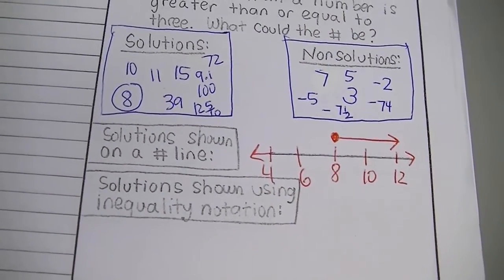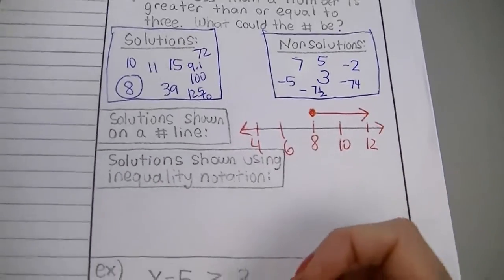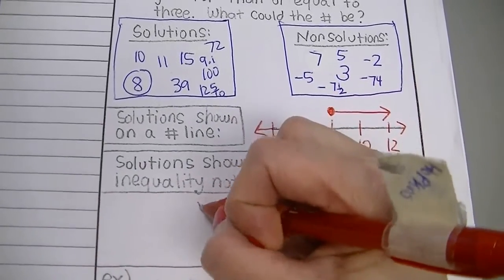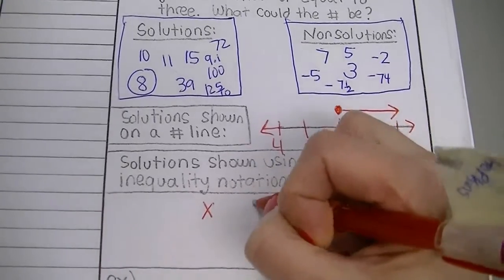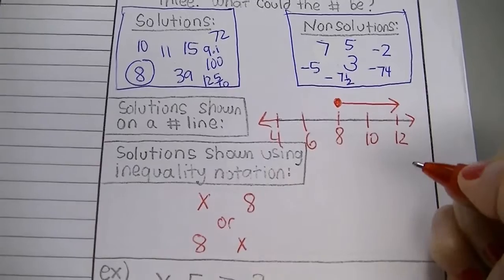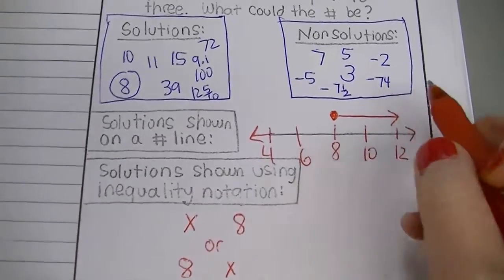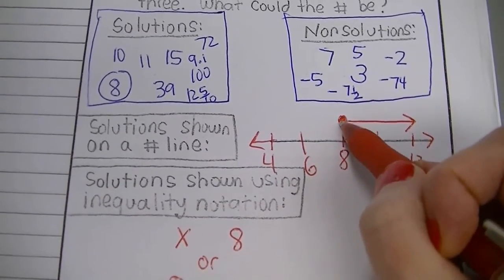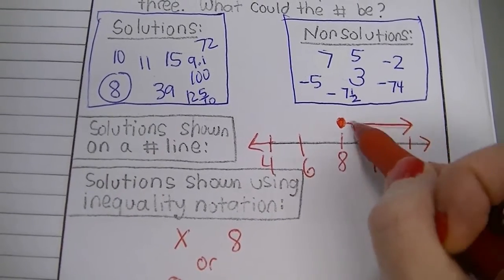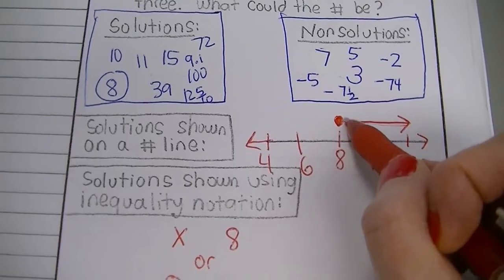Now it's time to write your solutions using inequality notation. And I want to see if you can beat me with this. Try to write it down before I do. Okay, so we use the variable of x. We write down our little magic number. And I also want you to make sure that you can write the number first and then that variable second, okay? So which one's bigger? 8 or x? All these values that x could be, okay, that unknown number. 8 or x?